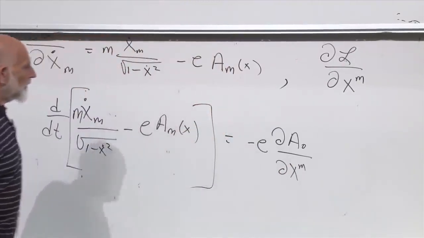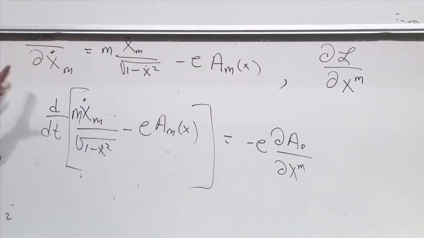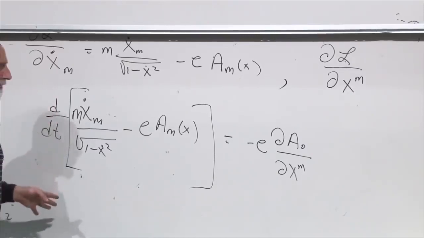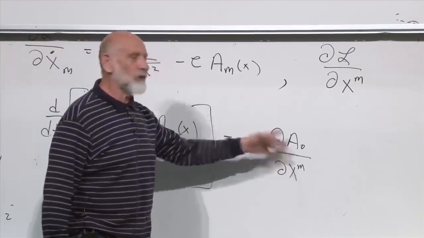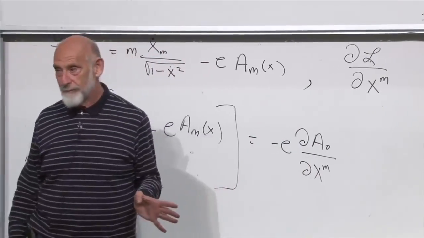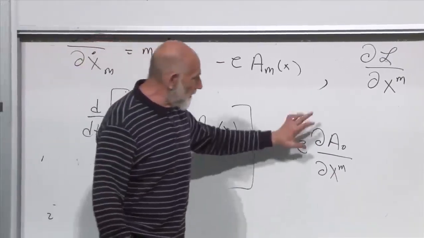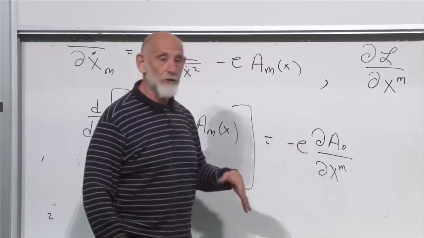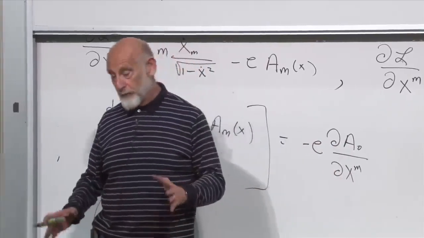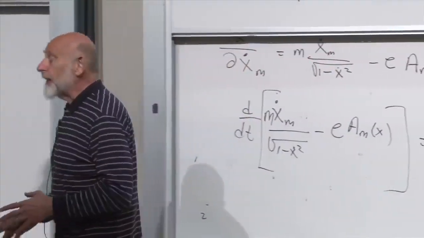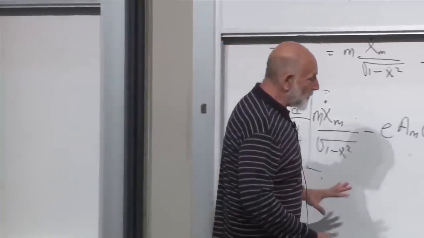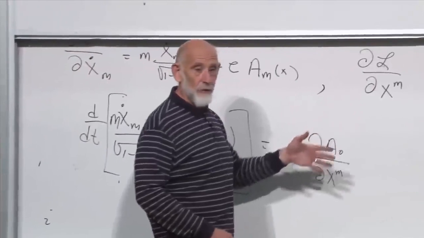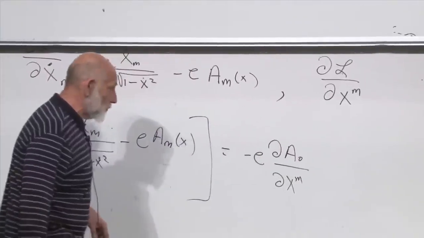Now, does that look familiar in any way? On the left-hand side, something that's sort of like mass times acceleration, and on the right-hand side, something which is minus the derivative of something. This, e times A naught, is clearly the electrostatic potential energy. It's the thing which in mechanics we would ordinarily call V or U, or whatever we call potential energy.